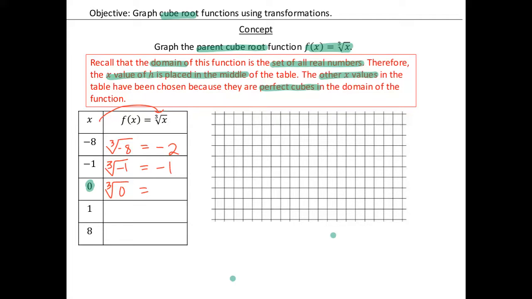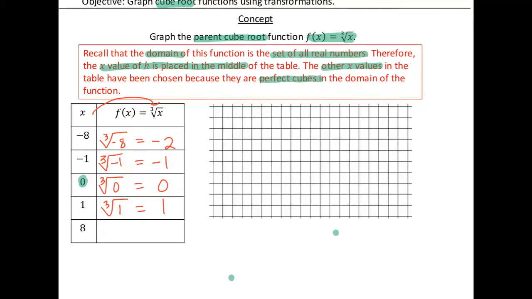What number multiplied by itself 3 times gives you 0? 0. And then the cube root of 1. What number multiplied by itself 3 times gives you 1? 1. And then the cube root of 8 would be 2, because 2 times 2 is 4, and 4 times 2 gives you 8. So multiplying by 2 3 times gets you to 8.